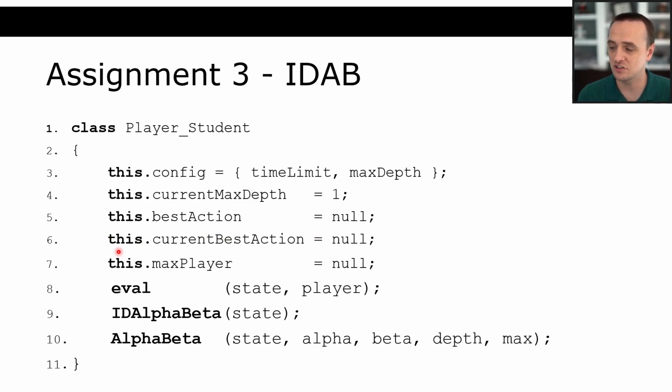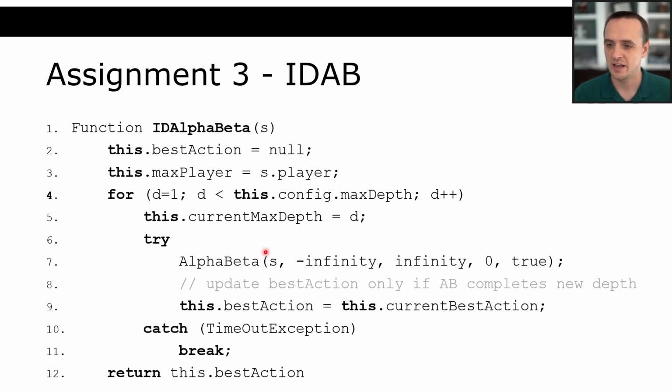That is the best action that the current iteration of AlphaBeta is thinking is the best action. That's being recorded. Only if AlphaBeta completes its run will this line of code be called, and then I'm going to say, okay, that level of AlphaBeta was completed, therefore I trust it, therefore record the new best action.